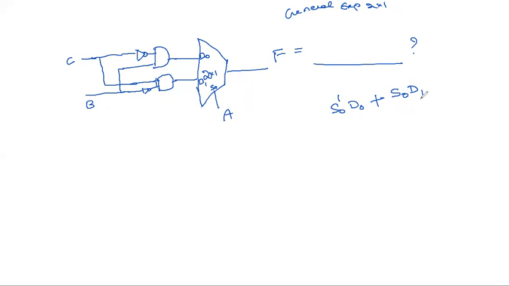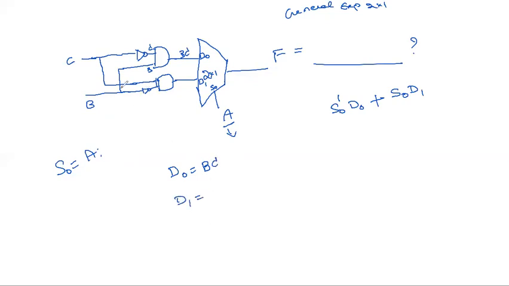This is the 2 by 1 expression. So here what is S naught? A, right? S naught is equal to A. Let us calculate D naught. D naught is here C bar, here B. Output is B C bar. So D naught is B C bar.